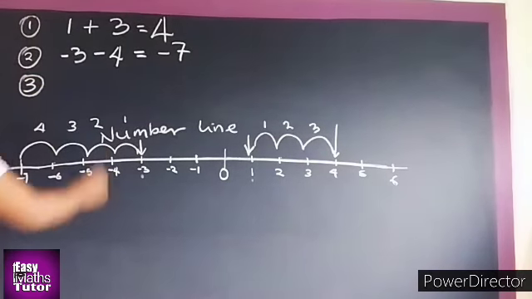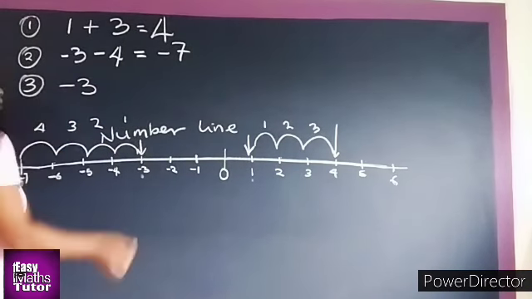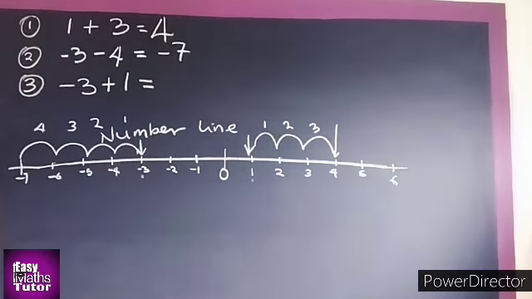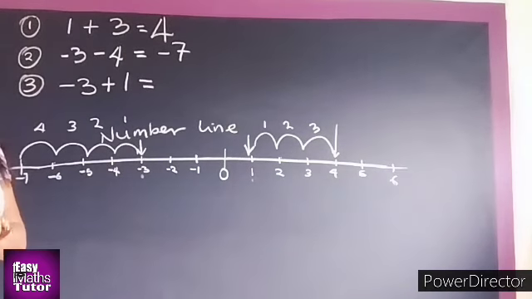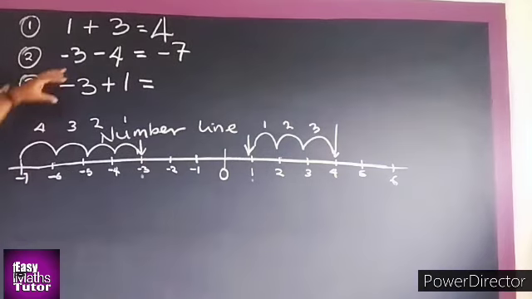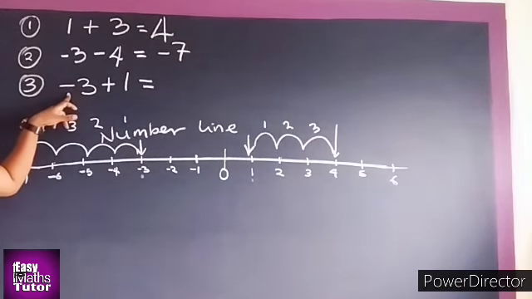Minus 3 plus 1. First of all, I want you to note that every single number has a sign in front of it. This number 3 has a sign in front of it, and that is negative.